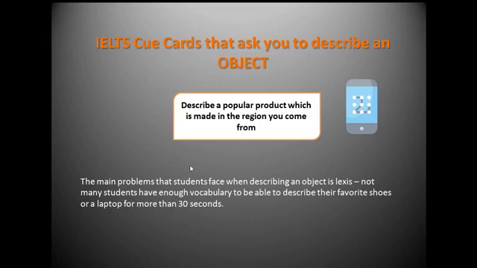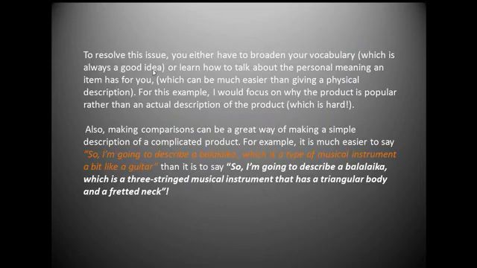Then, to resolve this issue, what we can do is, you either have to broaden your vocabulary, which is always a good idea, students. Or learn how to talk about the personal meaning an item has for you.